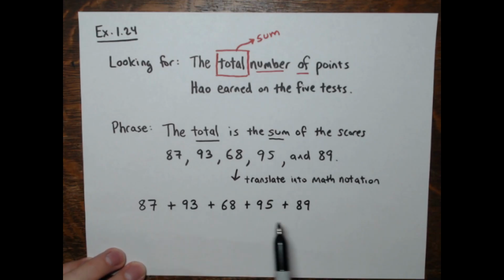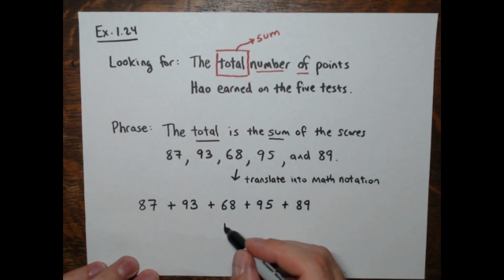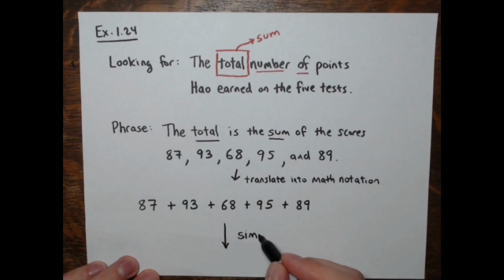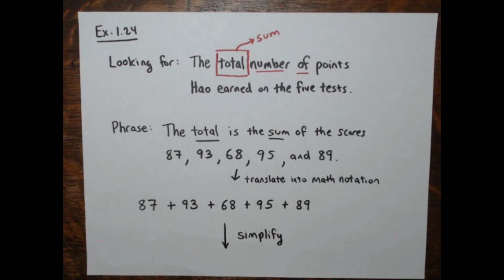That is the total or the sum of all 5 of these scores. All right, then on the next page, the final thing is to actually simplify. It says translate the word phrase into math notation and then simplify. What is this total? What is this sum?